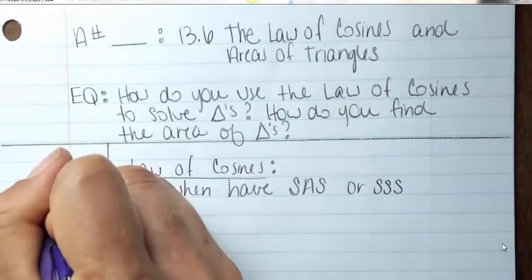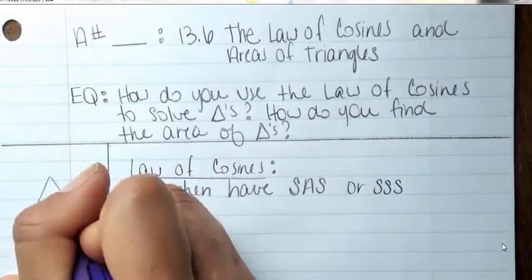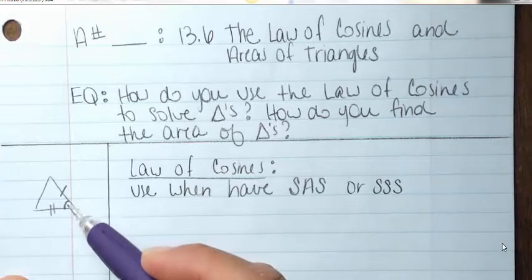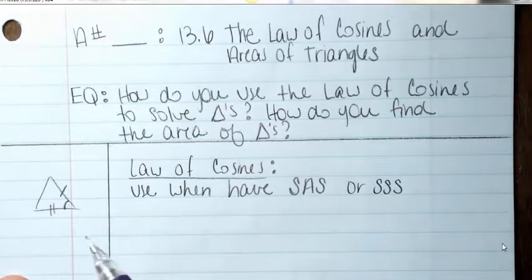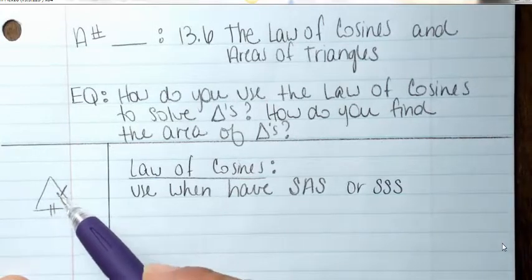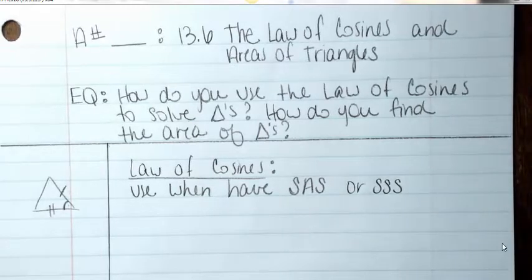Side angle side might look something like, if I have a triangle, I have a side here, I have this angle, and then I have another side. So this angle is touching both sides that we're talking about. Otherwise, if it's not included, then we're back to SSA, right? If I had an angle here and then these two sides, that would be SSA. Okay, so the law of cosines, super straightforward.